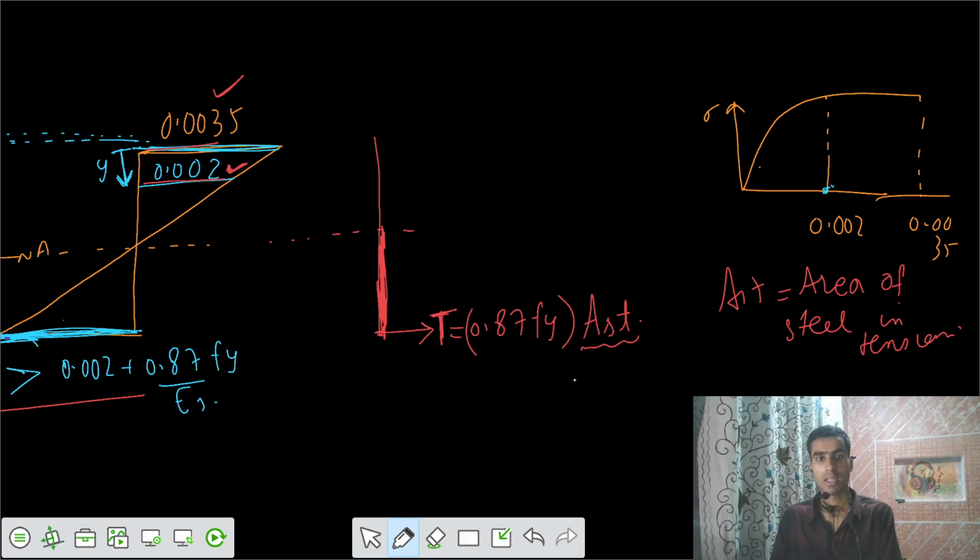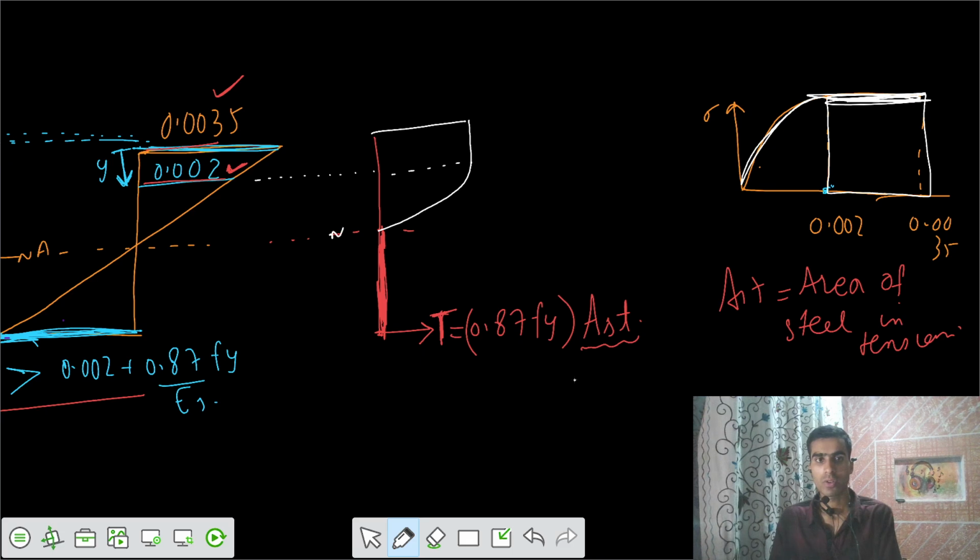I would say there's some value of stresses at the top, and it was constant up to the value of 0.002 strain. Up to that value we have this constant stress value, and after that the variation is parabolic. So up to the neutral axis, variation is parabolic. This was your neutral axis.